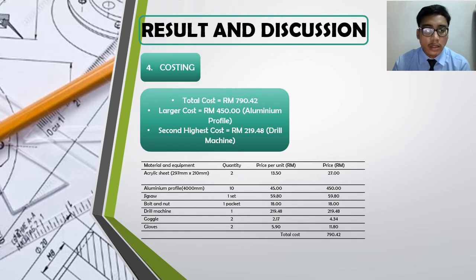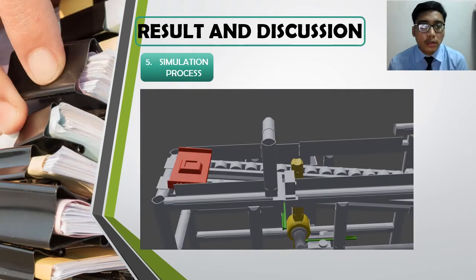As we can see, the estimated total cost is around 790 ringgit and 42 cents, and the largest cost is for the aluminum profile, which is 450 ringgit. The second highest cost for this fabrication process is the price of the drill machine, which is 219 ringgit and 48 cents.